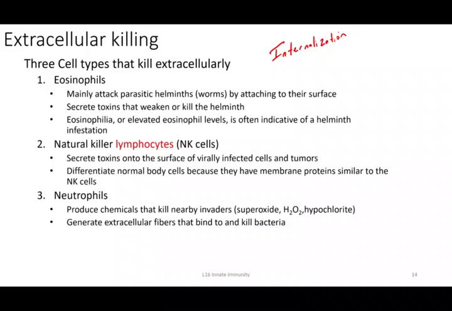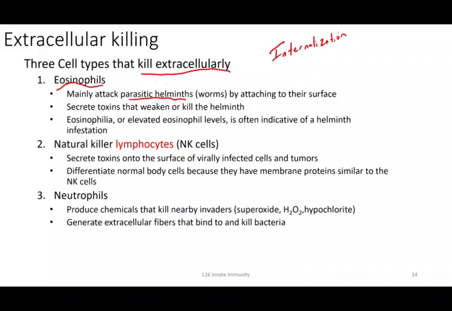But what's listed here are ways that cells can kill things extracellularly, meaning keeping the microbe outside the cell, but still having the capacity to kill it. So one example is eosinophils, and we said that those parasitic helminths, the worms that we saw, remember the adults can be quite large.